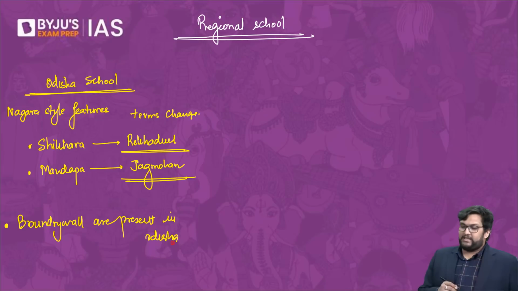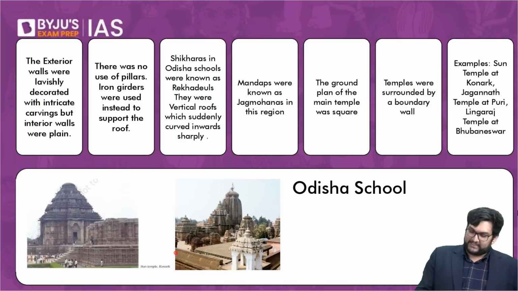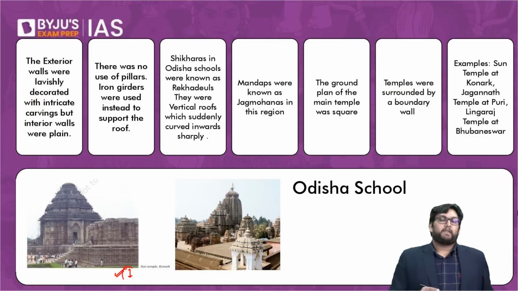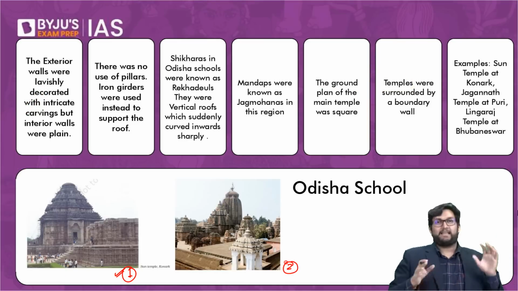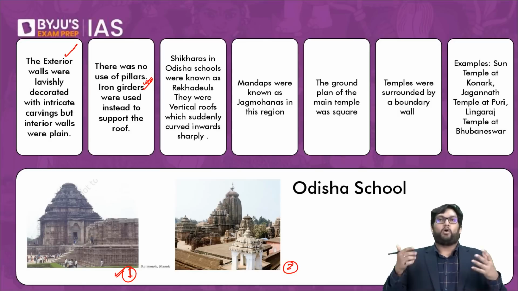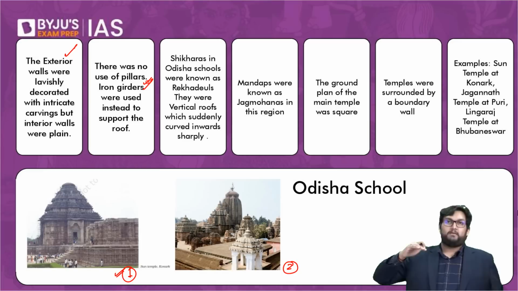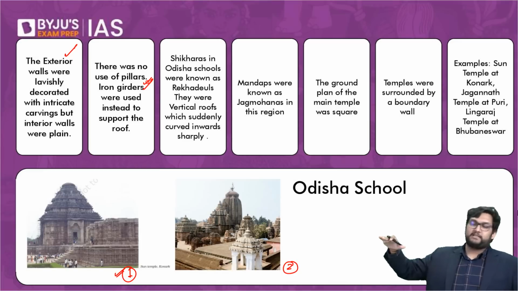So what is happening is that you have, for example, the Sun Temple Konark and the Lingaraja Temple. Exterior walls are very lavishly decorated. They have iron girders to support the roof rather than having columns. I hope you would have seen what are called girders, gatrapatti, which is that red stone which is used to make the roofs of buildings today.